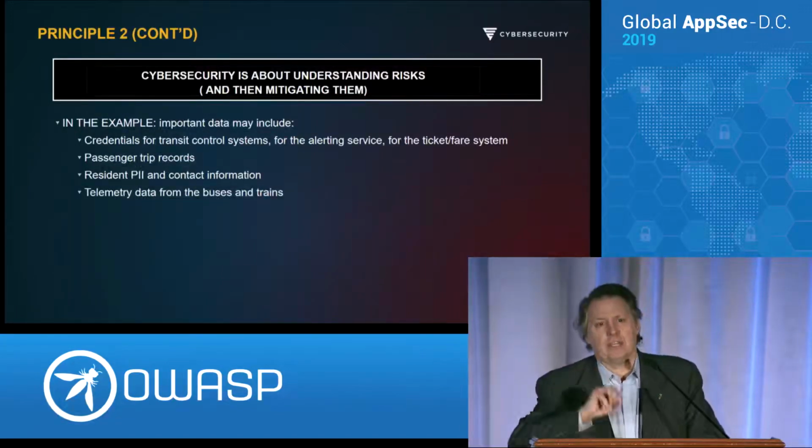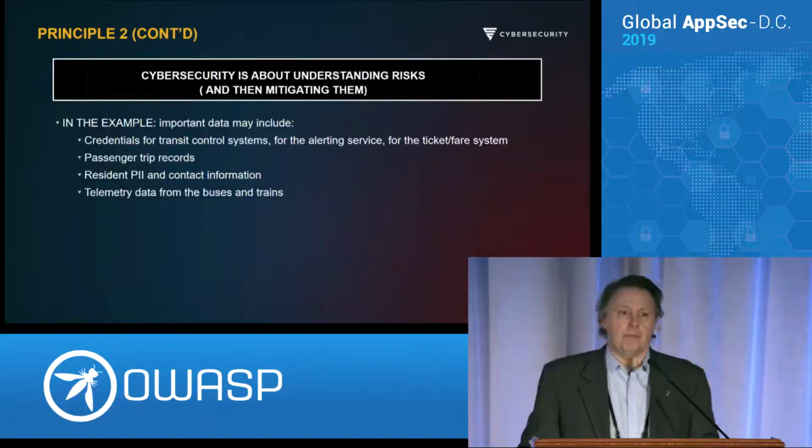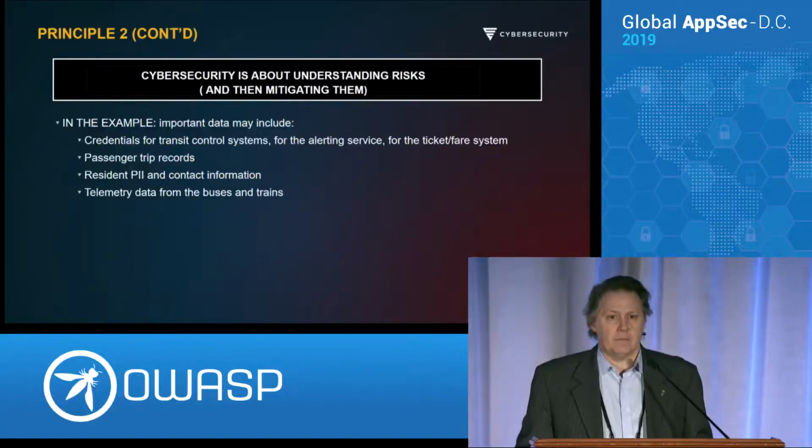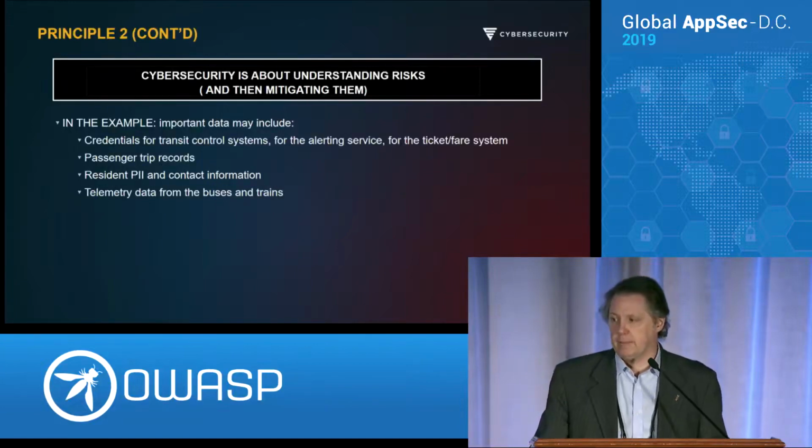The credentials that let you do that stuff, that's crown jewel data. Anybody gets hold of that, impact's very high. The passenger trip records may be crown jewel data. Maybe not. They certainly have privacy impact or regulatory compliance impact if they're compromised. And the PII about the passengers.